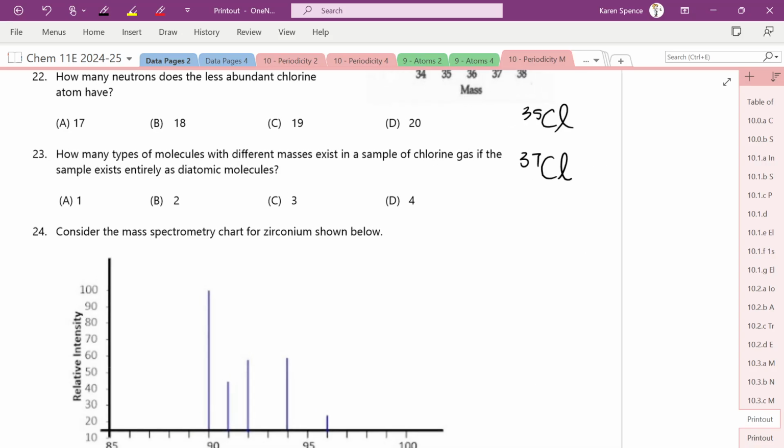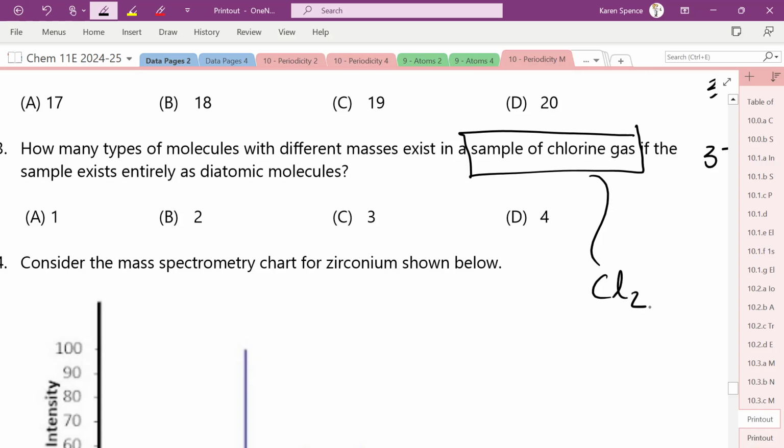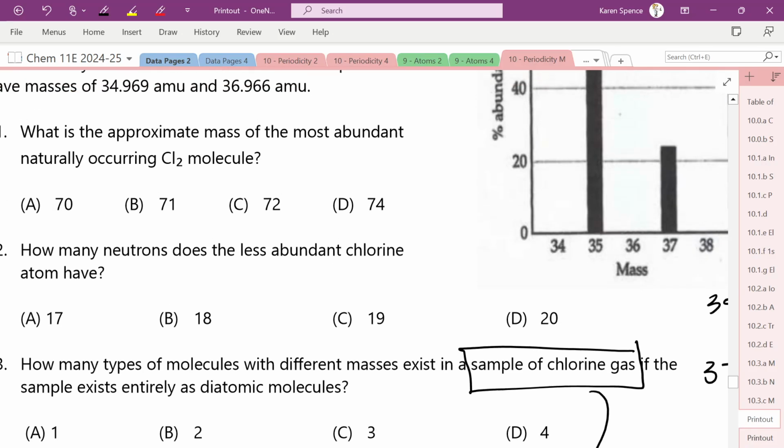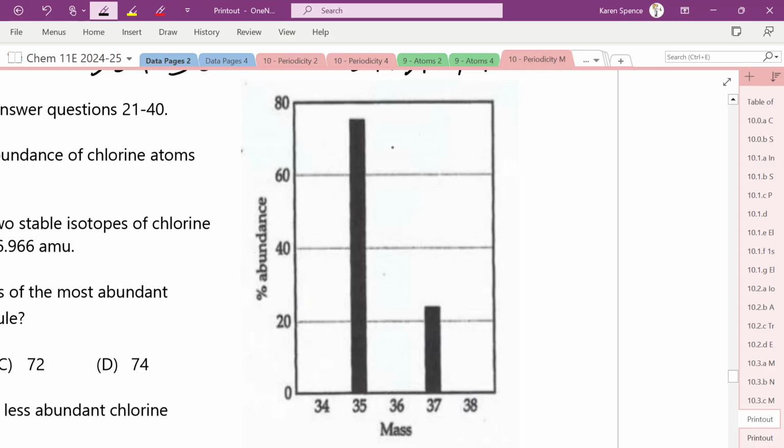How many types of molecules with different masses exist in a sample of chlorine gas if the sample exists entirely as diatomic molecules? So we're looking at Cl2. According to our mass spectrum, we have chlorine 35 and chlorine 37.